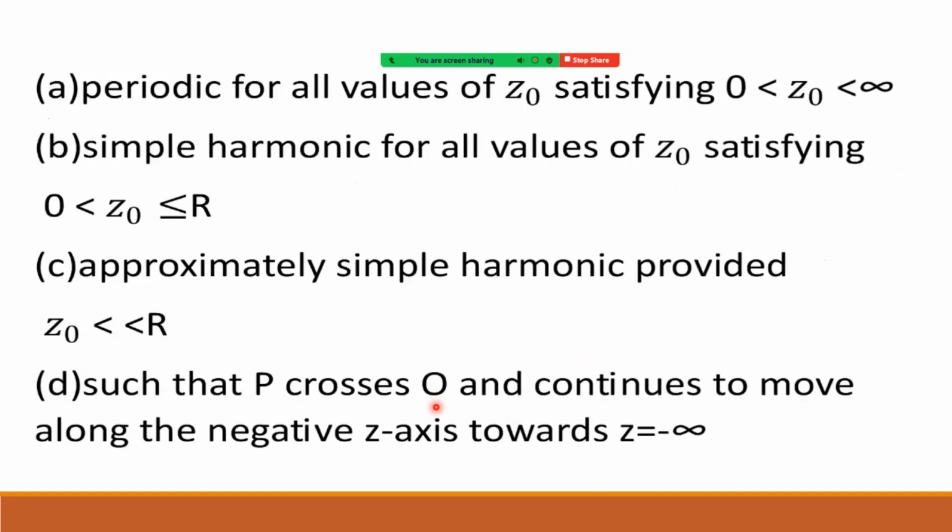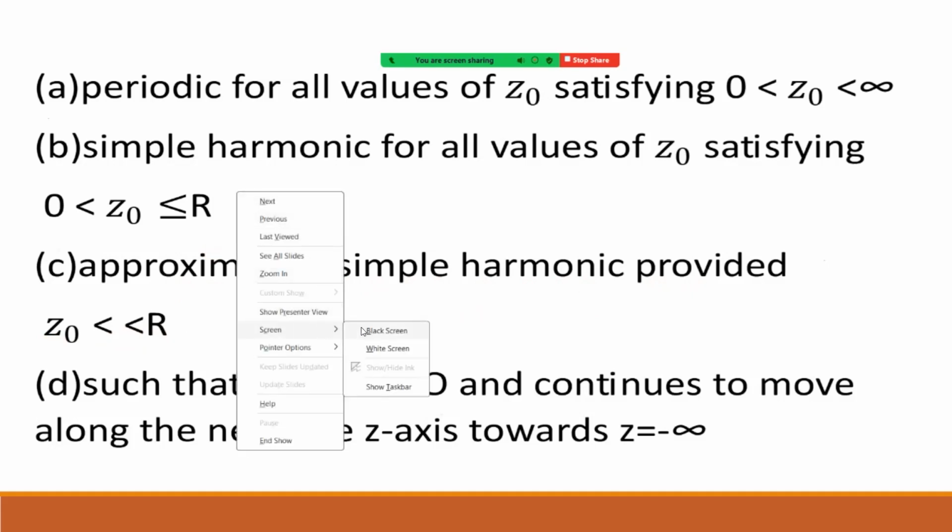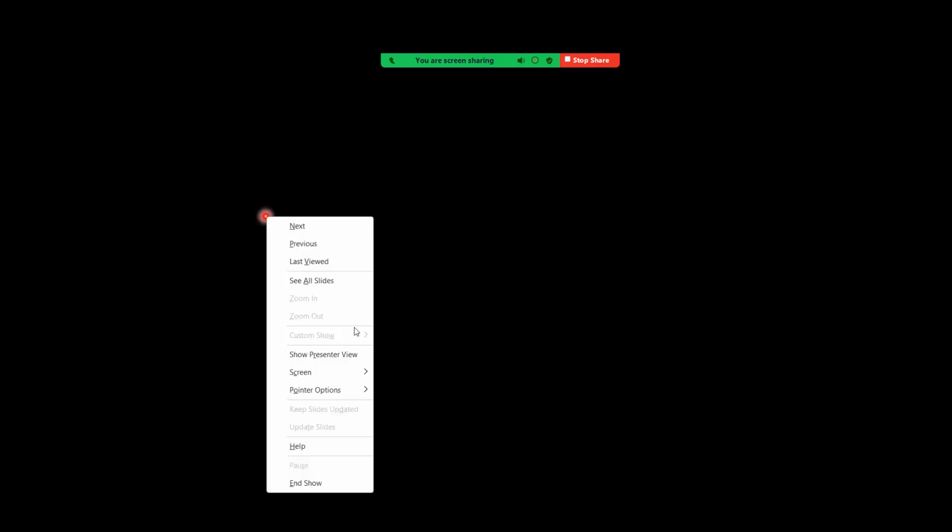See options. Periodic for all values of z naught. Simple harmonic for z naught greater than 0, less than or equal to r. Here r stands for radius, right? Approximately simple harmonic provided z naught is very small compared to r. So this point we can select directly here, just a matter of a single step.